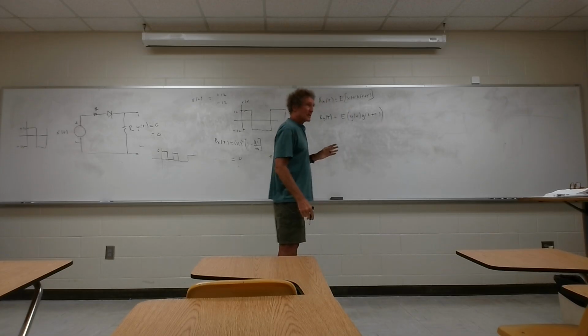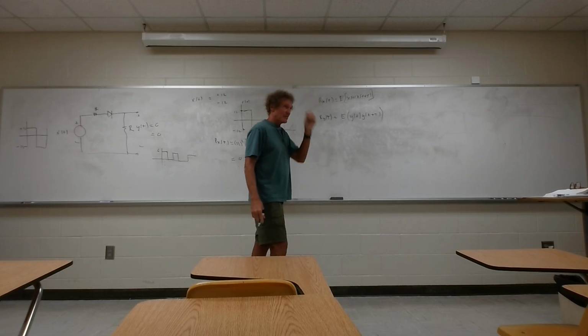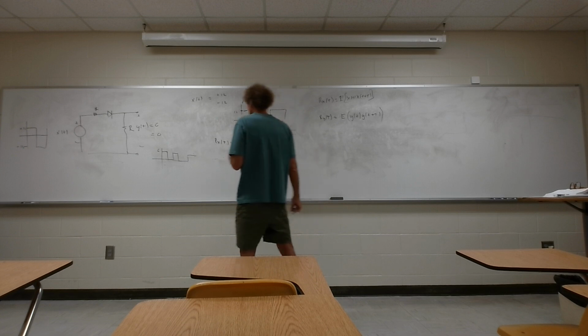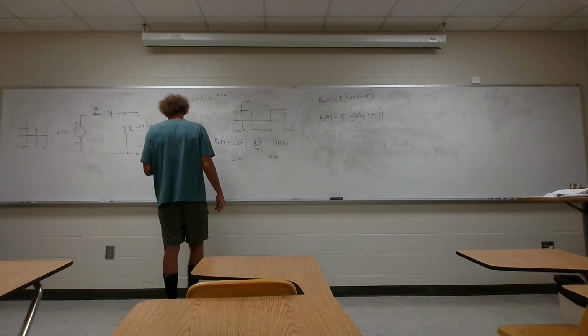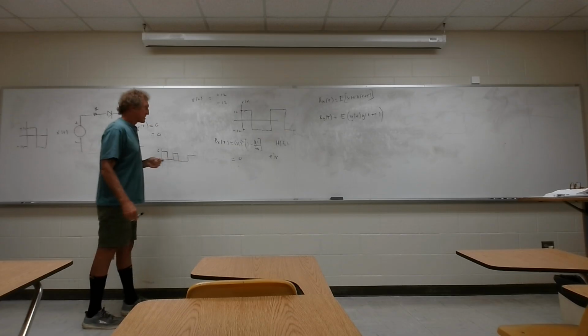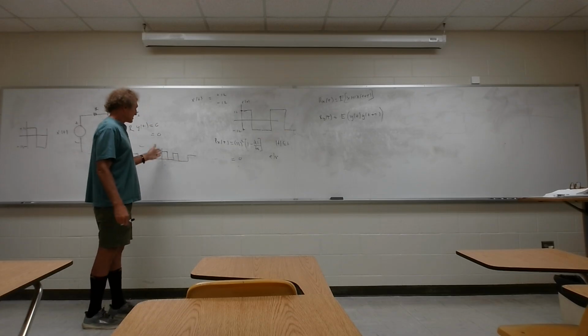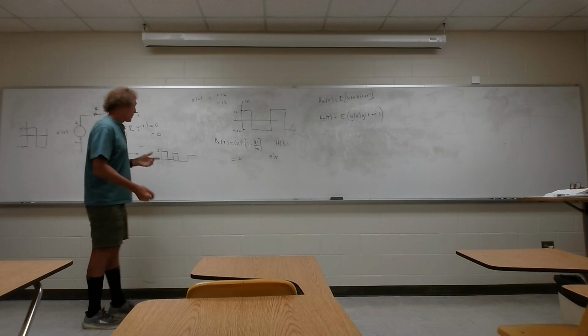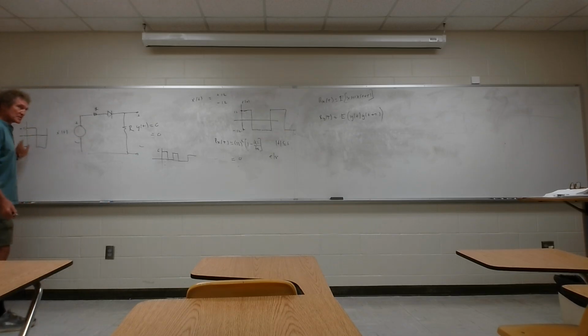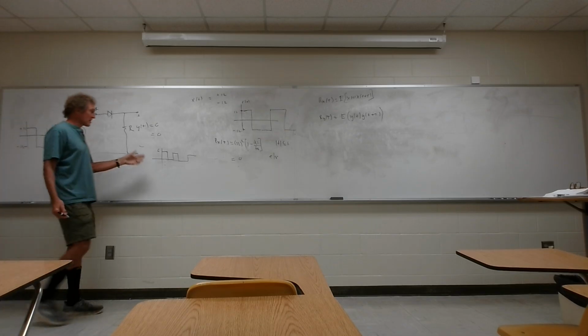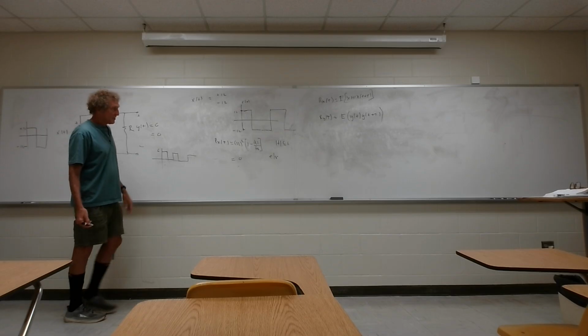This gets a little crazy. Statistically speaking, 50% of the time the pulse is on, 50% of the time it's off. Over here, the pulse is always on, but its value is either plus or minus 12. Over here, 50% of the time it's on.